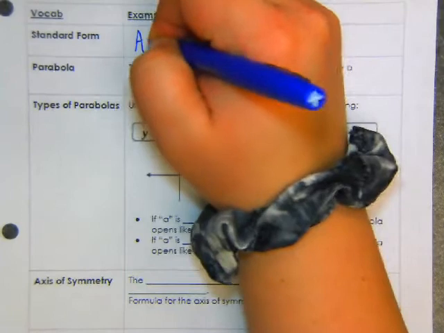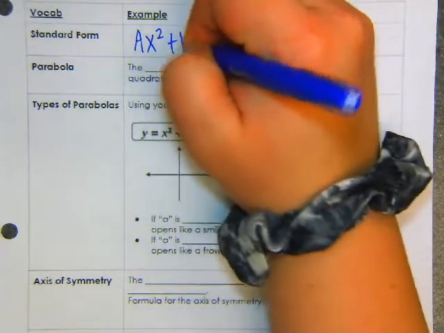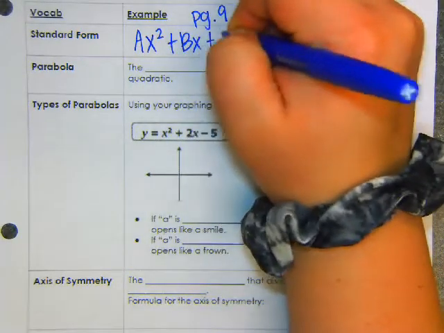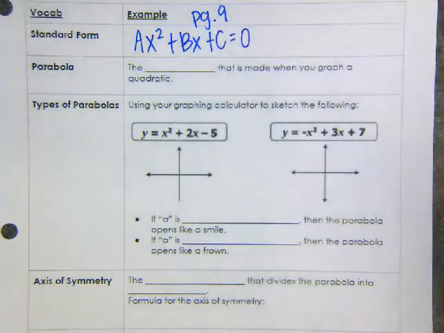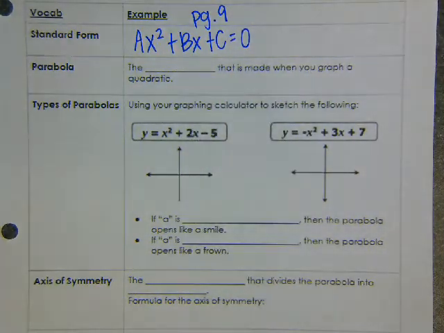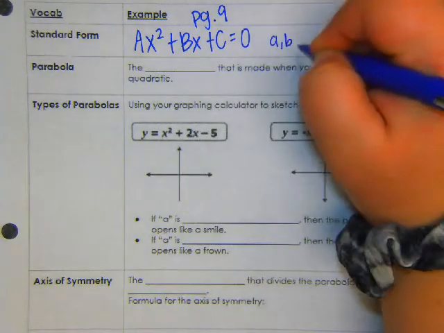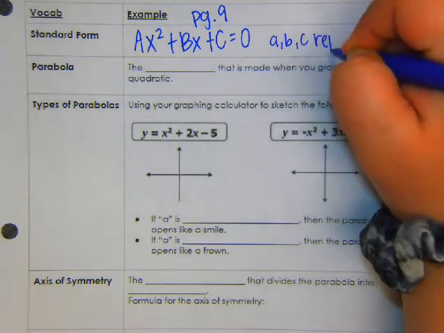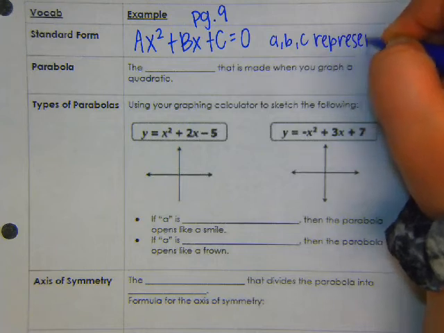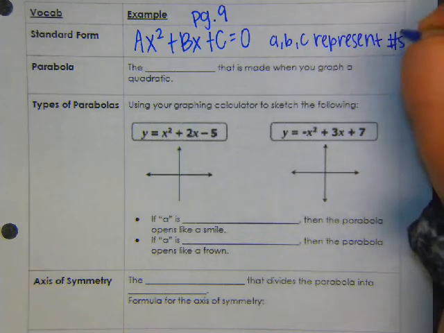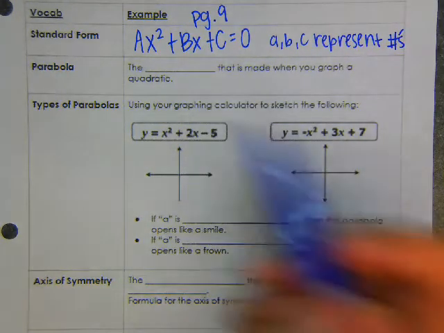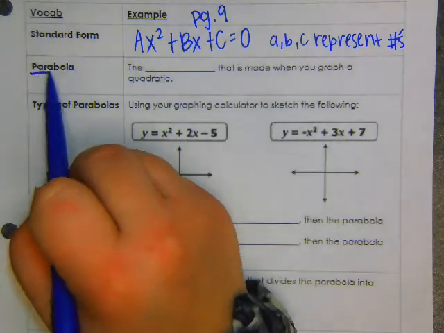So our standard form is still ax squared plus bx plus c equals 0, where a, b, and c represent numbers.